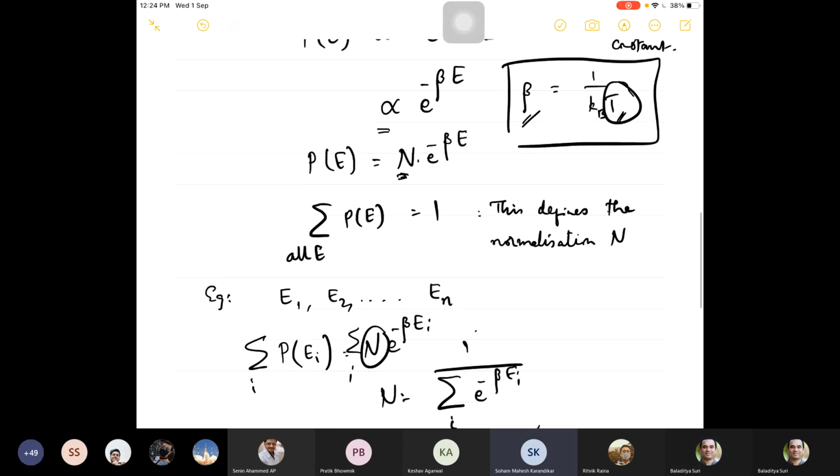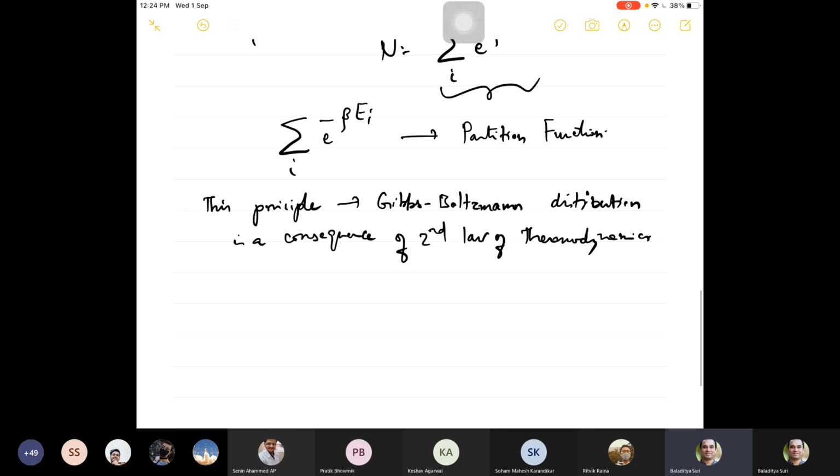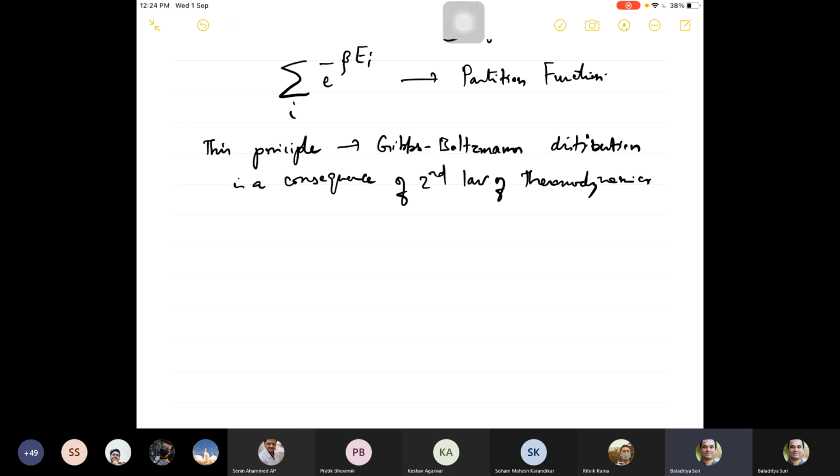No. The statement that the probability that a system has energy E is proportional to e to the power of minus beta E is called the Gibbs-Boltzmann principle. Okay, sir. This is a very crude definition. We'll see how to apply this in reality in a minute.